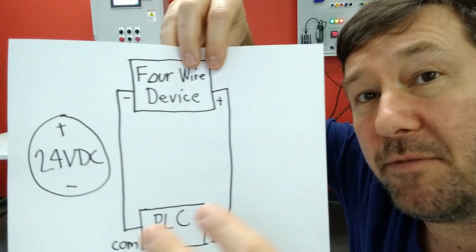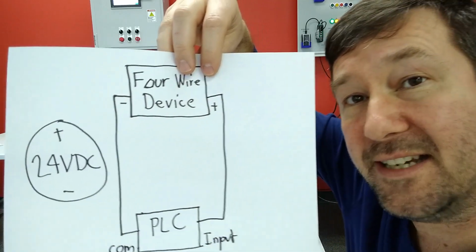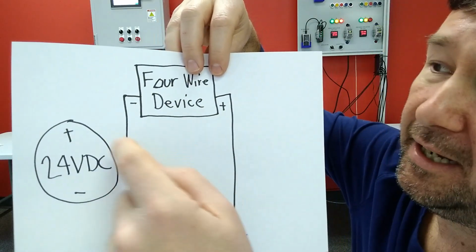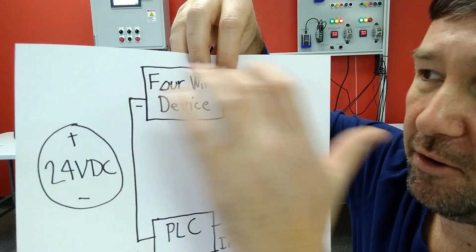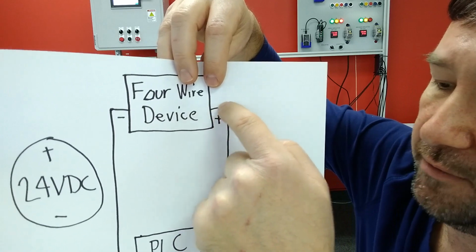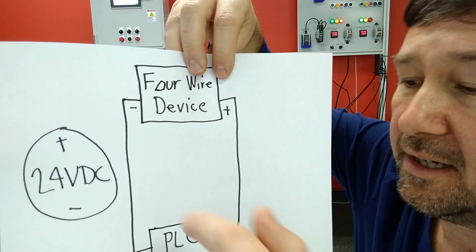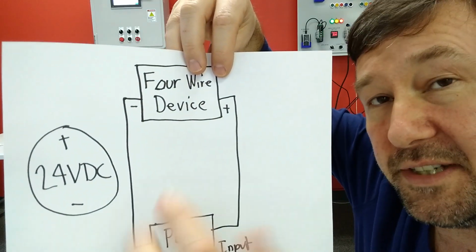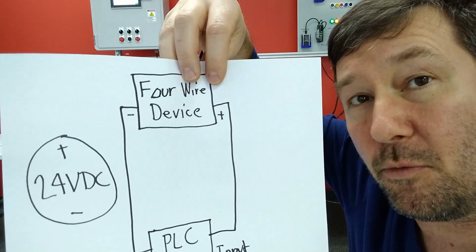In the case of a 4-wire device, the 24 volt DC power supply doesn't even need to be there. It's going to generate its current loop internally. Now, it'll be powered by something else, but our plus milliamp signal of the 4-wire device will go to our PLC input, or the red lead of our meter, and then the common of the PLC, or the black lead, will go back to the minus of our 4-wire device.